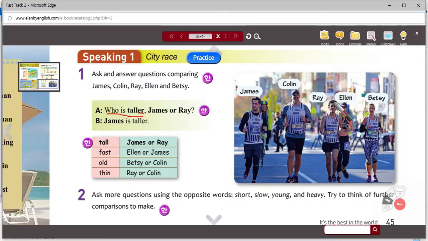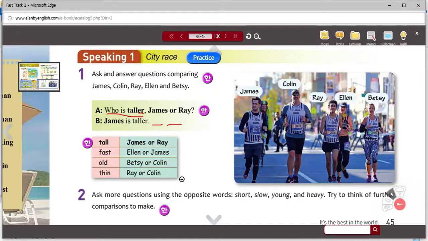I don't know. They're pretty close. But I guess James is taller. Okay, so James is taller than Ray. We use the word than, and you can see that on your ebook as well. Okay, so that would be the difference between James and Ray.